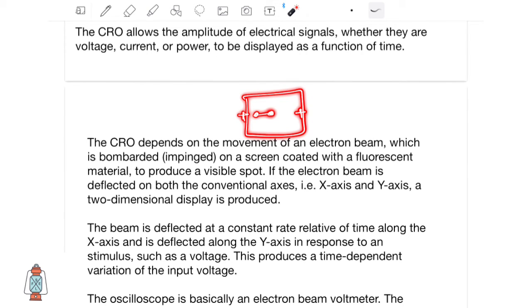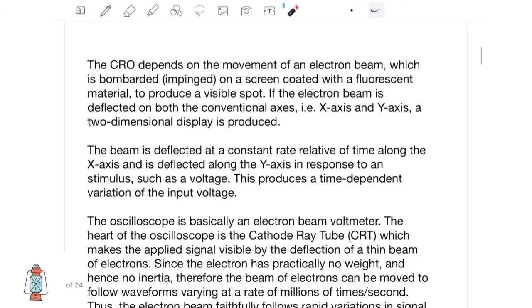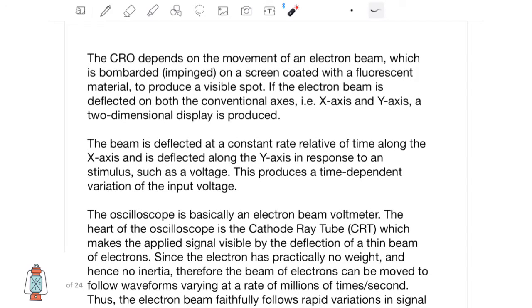Similarly, if we apply some positive voltage here, this will move to this side. So by manipulating the electric field, you can manipulate the movement of charge.